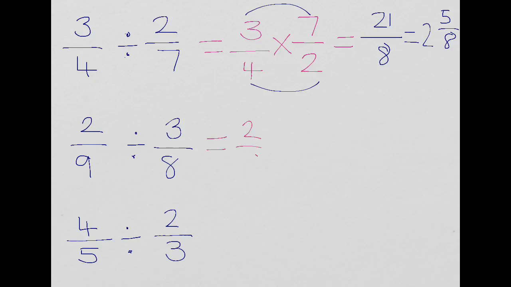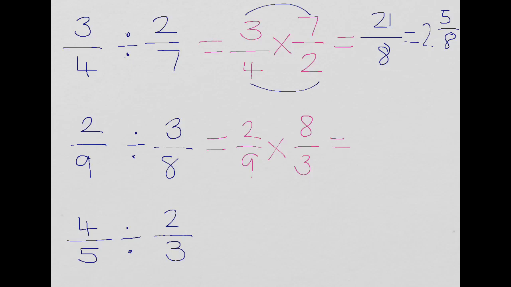Right, let's do the next one. So dividing by 3/8 is the same as multiplying by what? Make sure you're writing those questions out. 2/9 divided by 3/8. What's that equal to? Hopefully you've written 8/3. There we go.